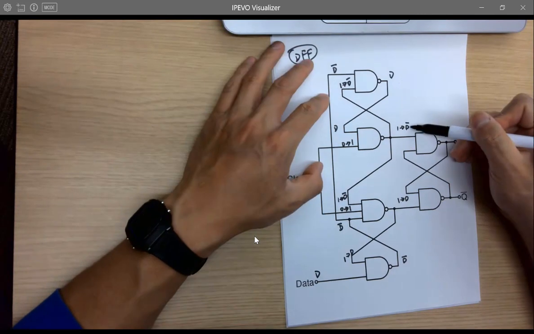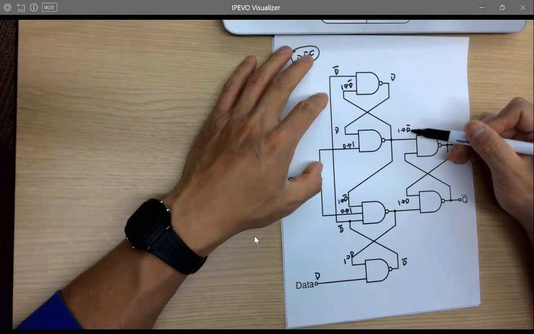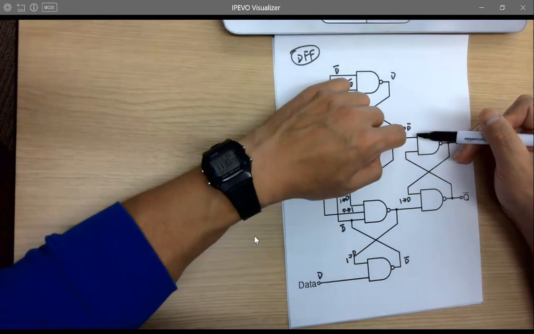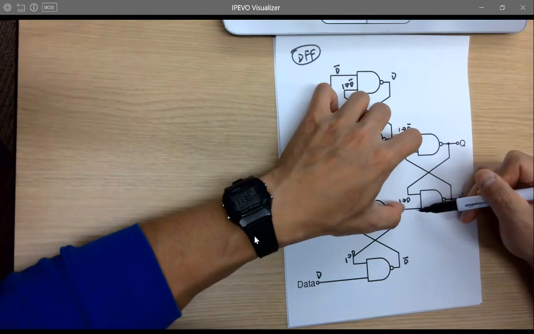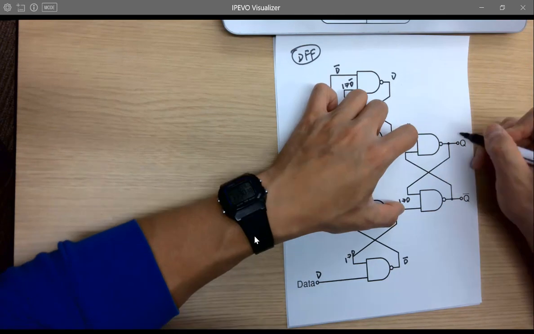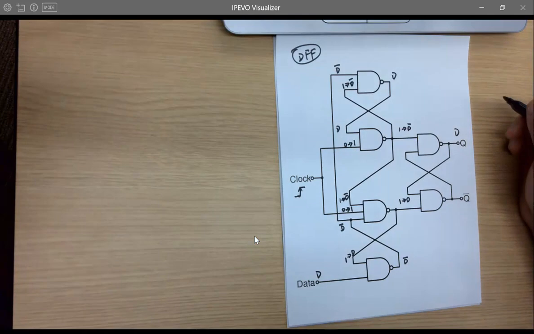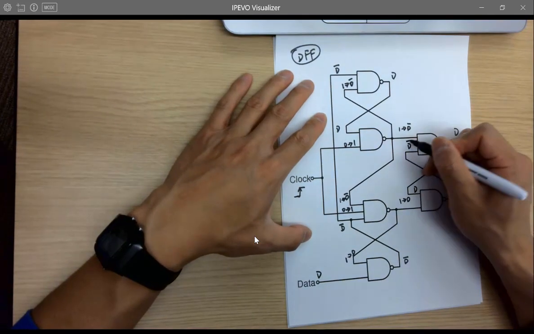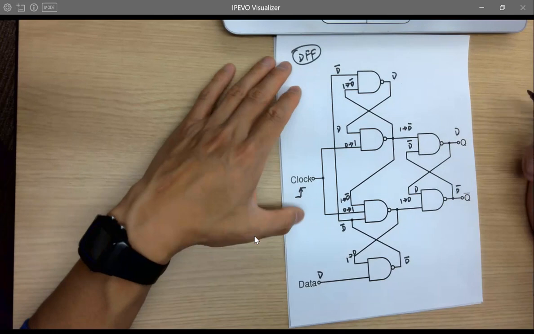Yeah, if D is 1, we just give examples. We're assuming D is 1, then you're getting a 0 here, and this is 1, so you're setting it, right? So it's going to be a D later on, okay? So D being fed back to here, so we are getting a D naught, so D naught will be here and becomes D, so it's very stable. Right?